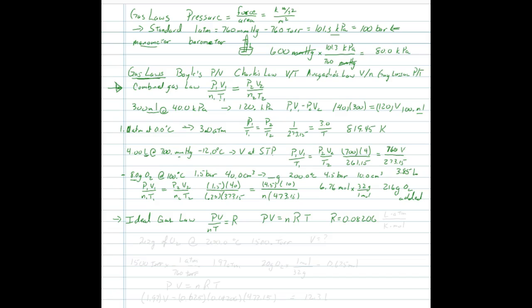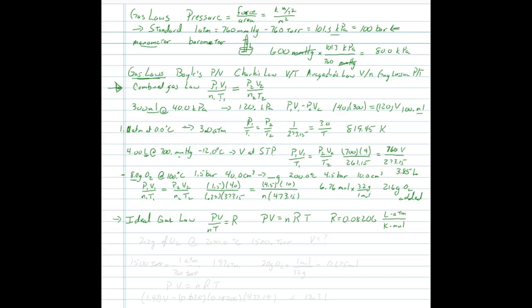The units are important: liters, atmospheres over Kelvin moles. Kelvin and moles is not too problematic. That's what we've been doing before. But now the volume must be in liters and the pressure must be in atmospheres. If you don't have atmospheres, change it to atmospheres. If you don't have liters, change it to liters.